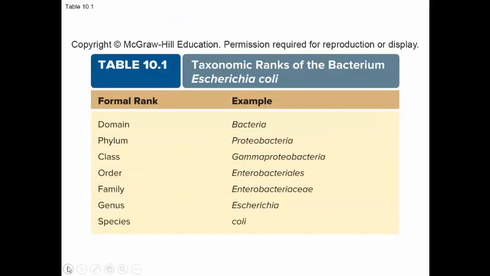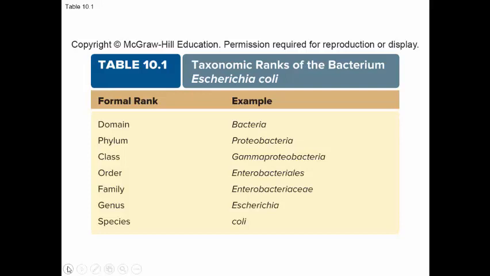Bacterial names may originate from any language, but they must be given a Latin suffix, so a Latin ending. A name may reflect characteristics of the organism or be used to honor a prominent researcher. And this goes on, by the way, also with the formation of genus and species names for a lot of the new organisms that are found on the planet. Somebody comes up and they want to name it after their favorite rock star or something like that. Great.